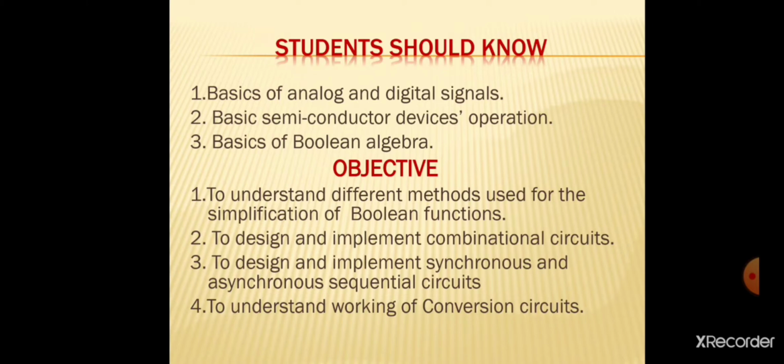The sequential circuits are of two types, synchronous and asynchronous, and we will see this in detail. So we should know how to design and implement all these circuits. And the last point is to understand the working of convergence circuits. So this is our objective. At the end of this syllabus, we should all know these concepts.